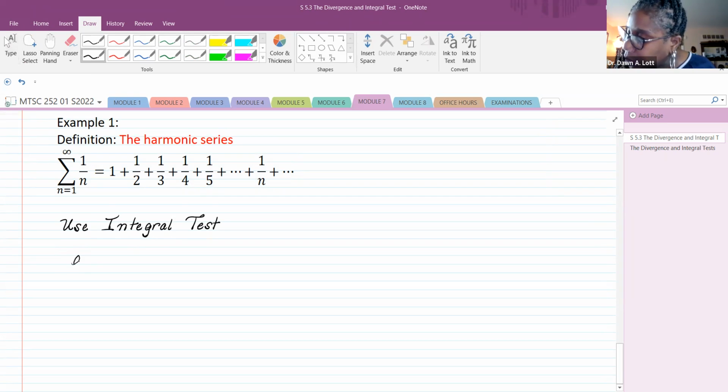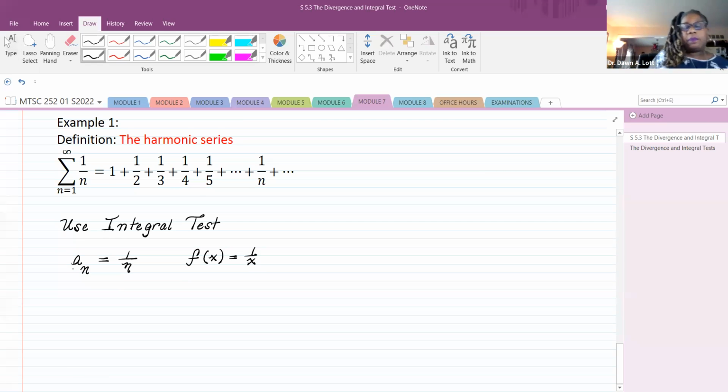Okay, so here a sub n is 1 over n. So I'm going to let my function f of x be 1 over x. Okay.